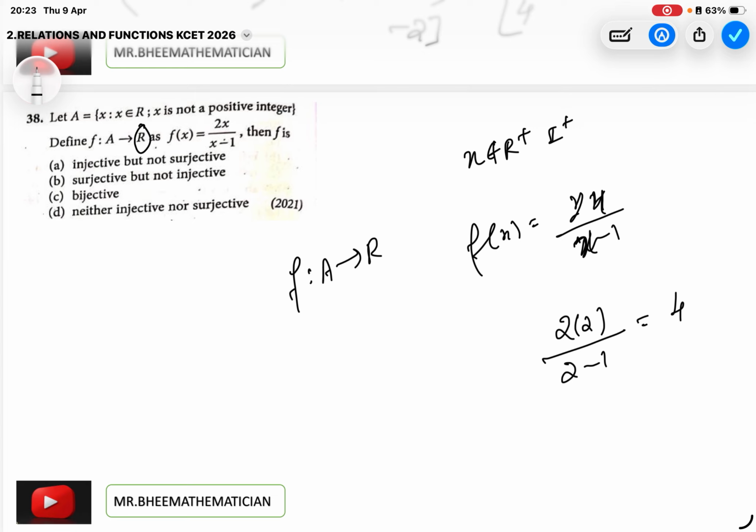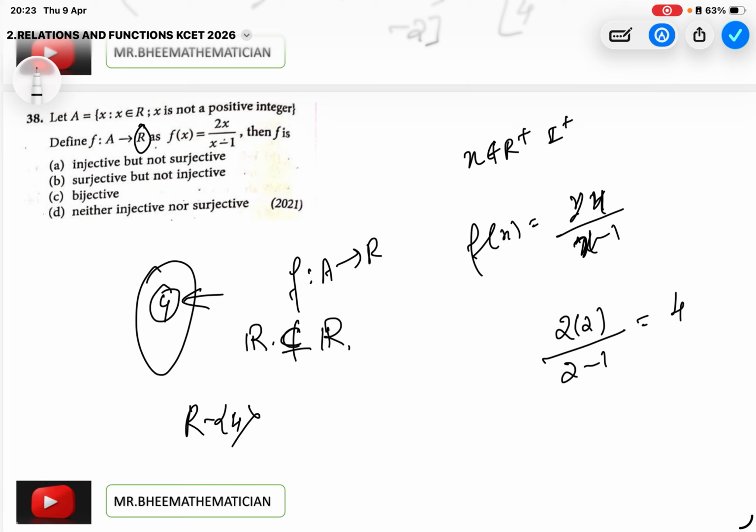And in the range, real is there. In that, 4 is there. So codomain is real number. Range is not equal to real number. What is range? 4 is remaining. So one example is enough to prove. So these both are not equal. Therefore, it is not onto.